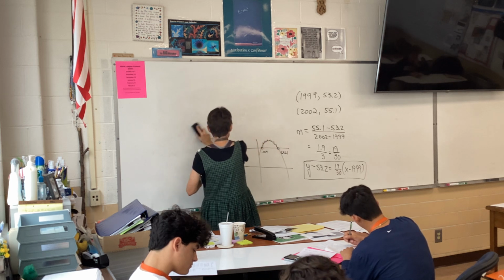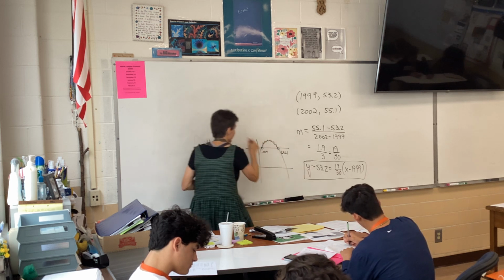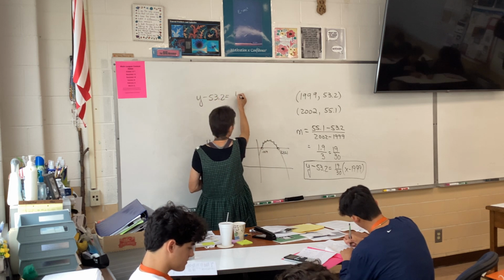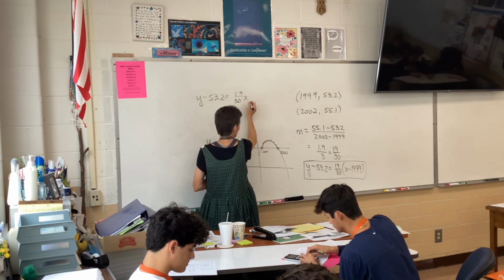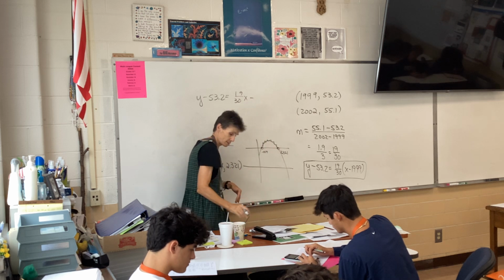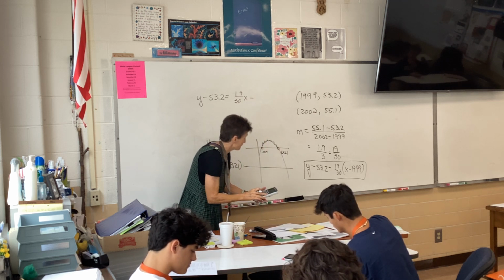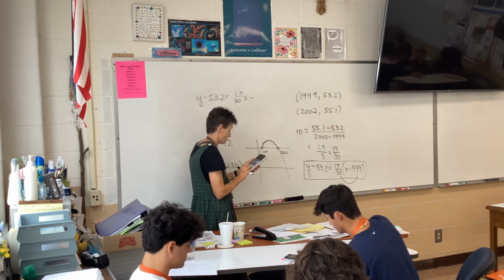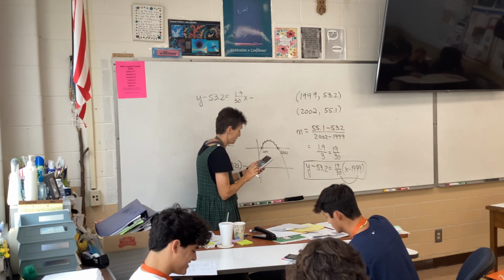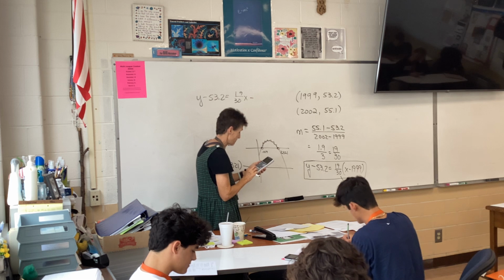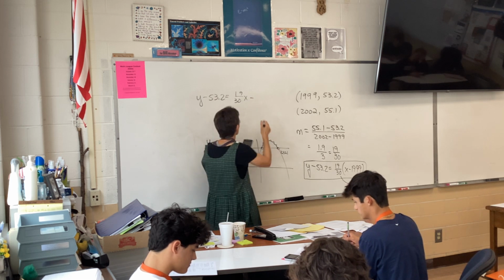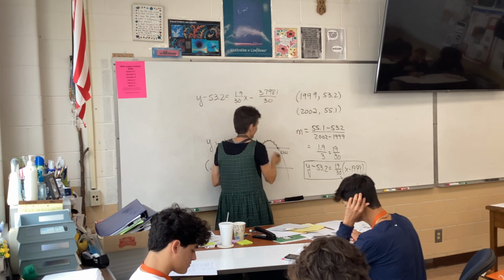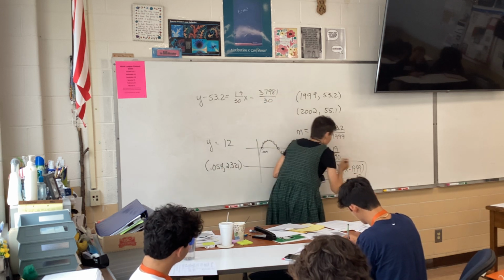So what do I need to do? y minus 53.2 equals 19/30 x minus, I'm distributing, so 1999 times 19, 37981 over 30, because I'm multiplying that guy by 30.